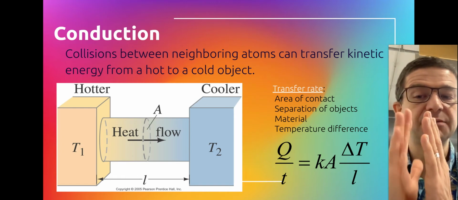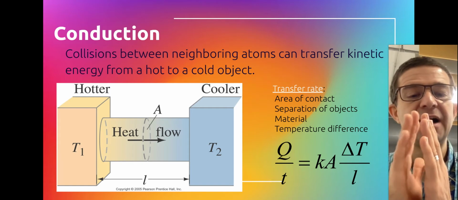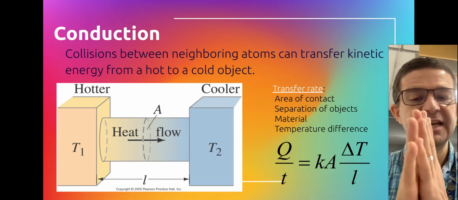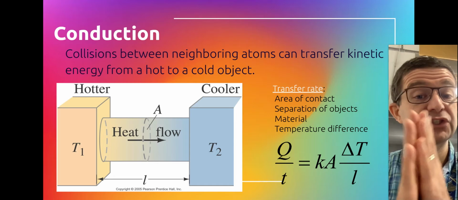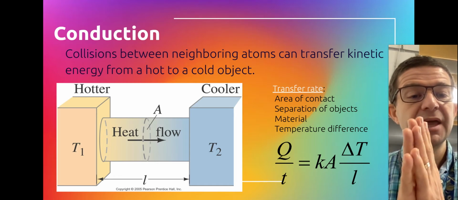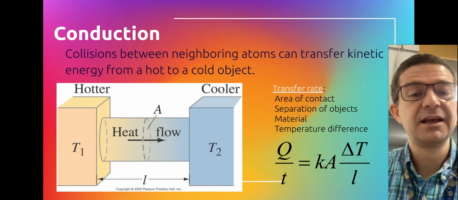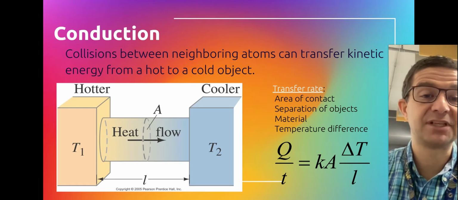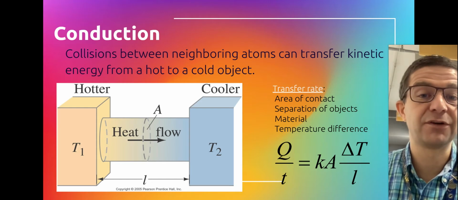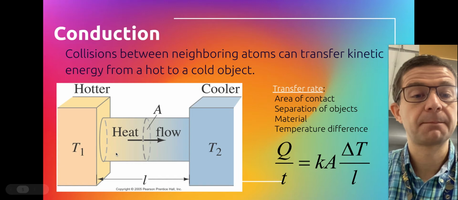And the very fast moving atoms or molecules inside of object 1 come into contact with the cooler or slower moving molecules of object 2. And the collisions between the atoms in one object and the atoms in another leads to the transfer of kinetic energy. And that's that heat flow that we get here.